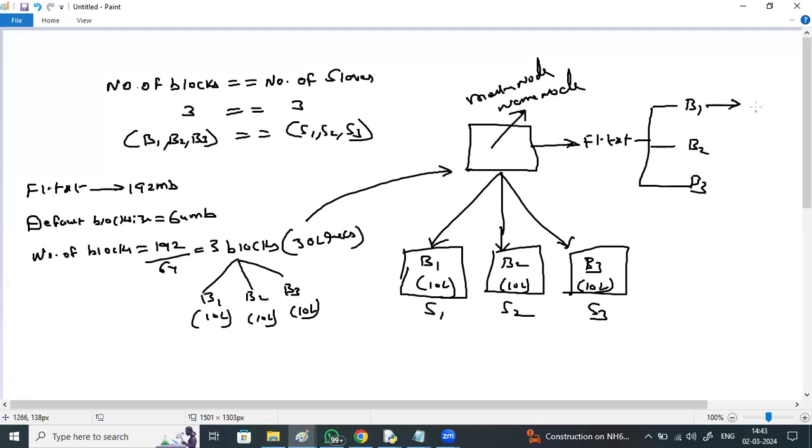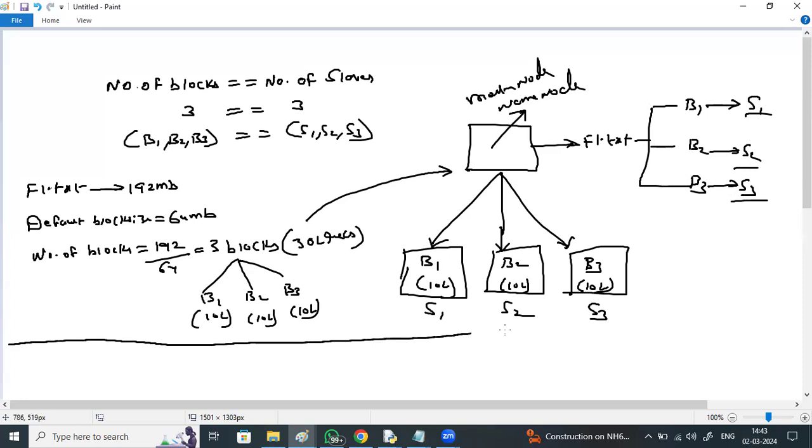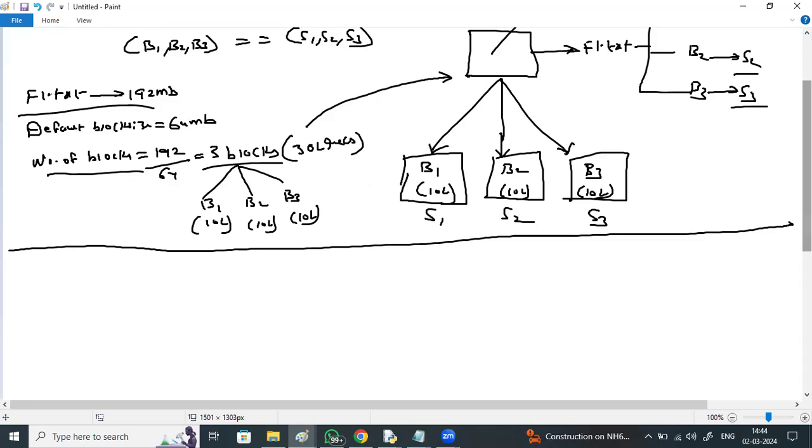B1 stored in S1, B2 stored in S2, B3 stored in S3. How this data storage happening, right? In this way, the file is divided into blocks. Into how many blocks? 3 blocks. 3 blocks are stored across 3 systems and is processed parallelly.